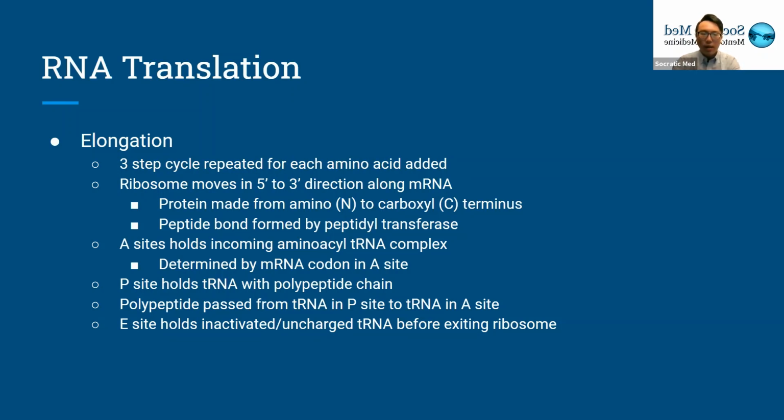And then the last site, the E site, holds the inactivated or uncharged tRNA. After the tRNA gives up the amino acid bonded to it to the growing peptide chain, it'll be moved into the E site before exiting the ribosome. And then that tRNA that left can be reused again.